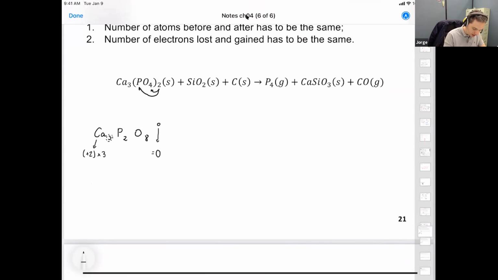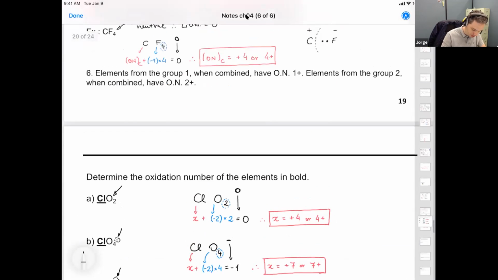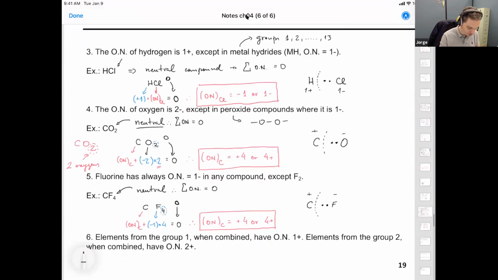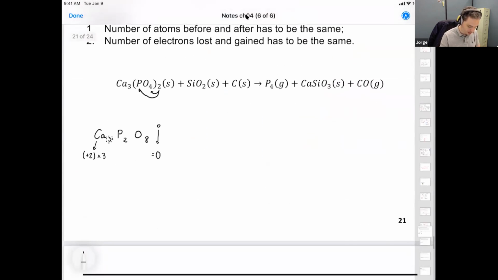We have here our friend oxygen. So always refer back to the rules if you don't remember. Rule number 4, the oxidation number of oxygen is usually 2 minus. The exception is when we have peroxide compounds, which is not the case here.